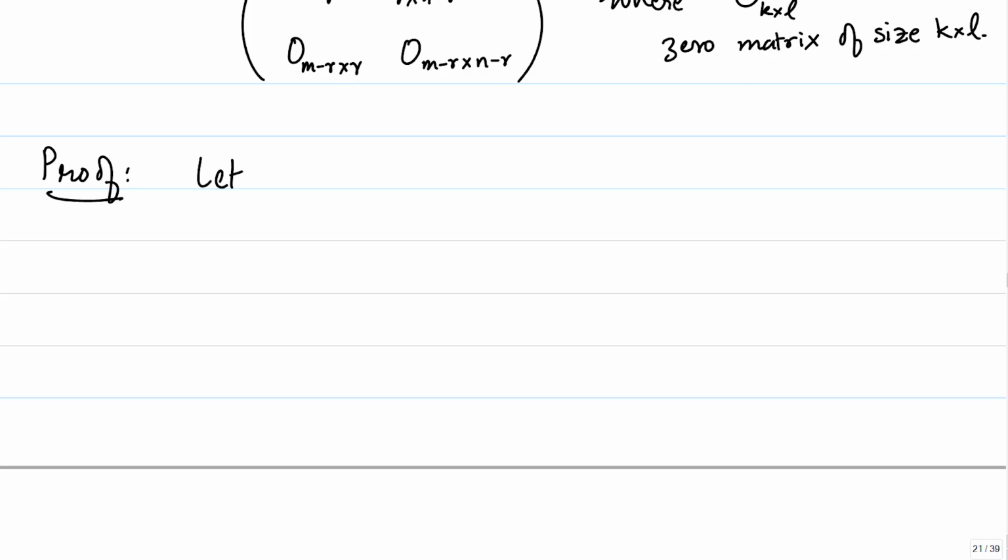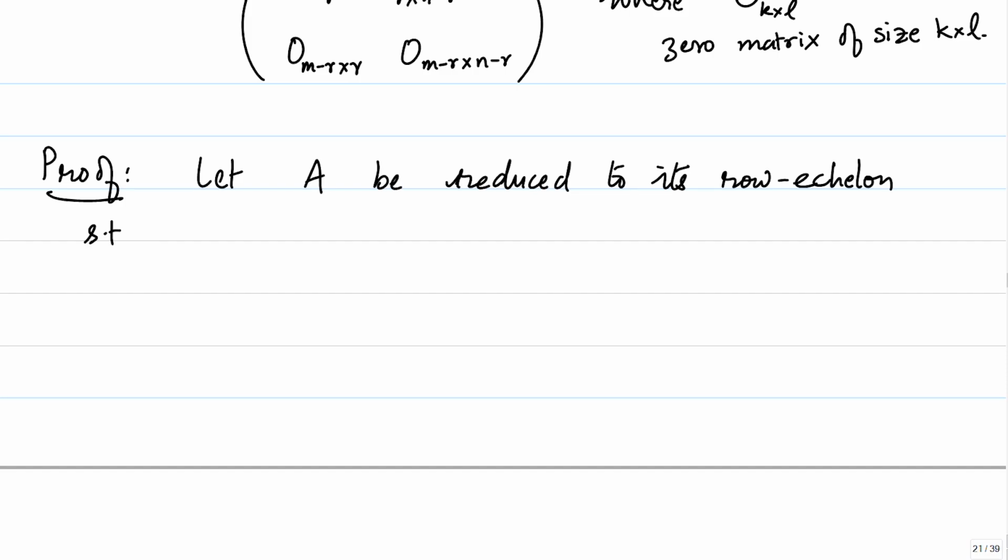So, let A be reduced to its row echelon form, and assume that after a few more, if needed, elementary row operations of type 1, the first r rows are non-zero.